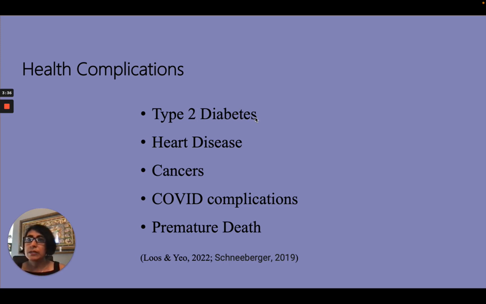As a result of this, we are seeing more and more health complications, including type 2 diabetes, heart disease, multiple cancers, COVID complications, and premature death. Now, COVID complications, that's definitely a newer discovery since the pandemic.